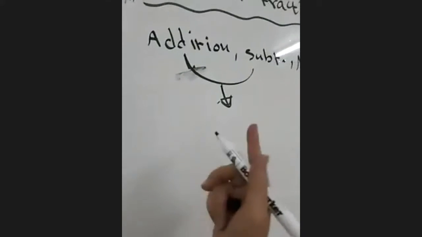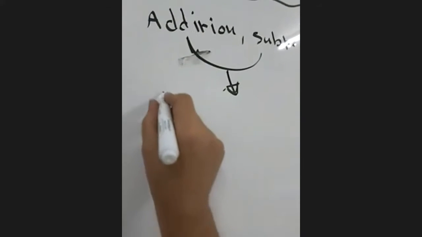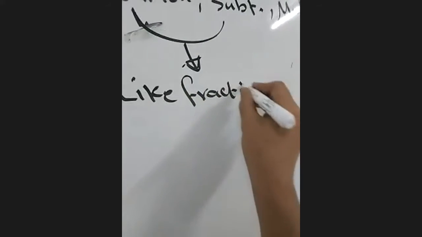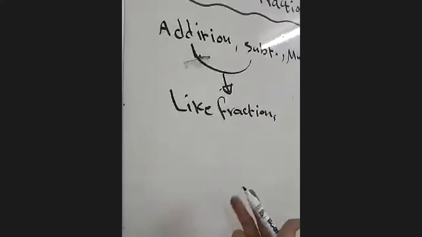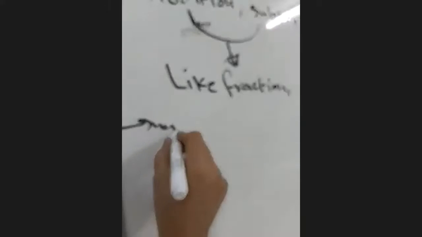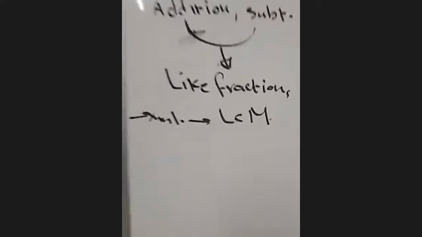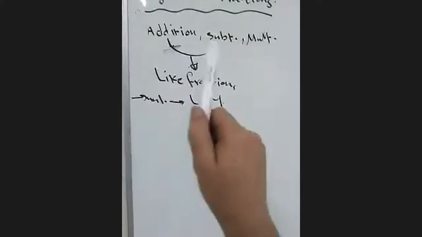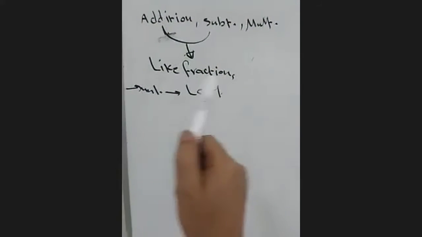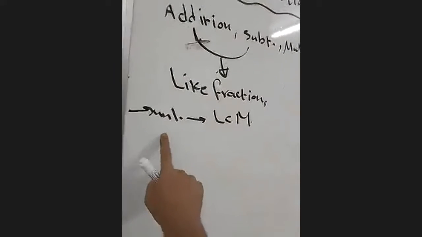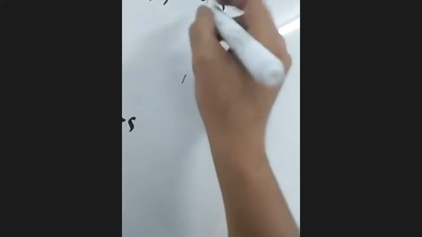Until now, guys, we took addition, subtraction, and what? Multiplication. In addition and subtraction, we can add and subtract only the like fractions. And if they are unlike, we do what, guys? Least common multiple, remember? In the multiplication, we don't do anything.